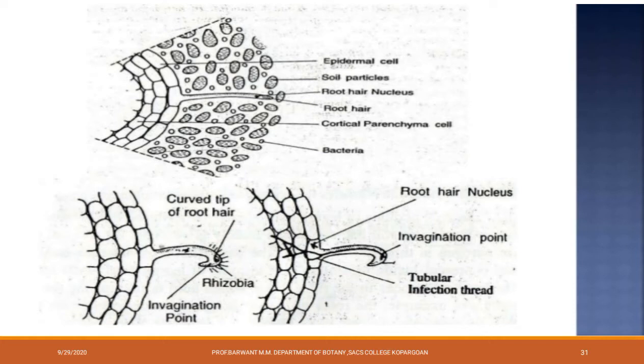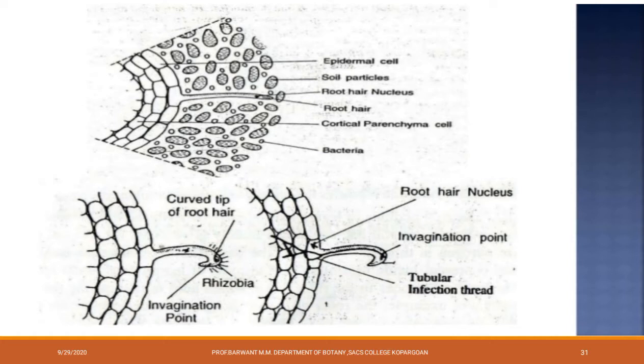The effect of the bacteria on the root hair is that it becomes curved. Why does the root hair become curved? The strains react with the root hairs, due to which the root hair curves, and the bacteria enter that root hair.